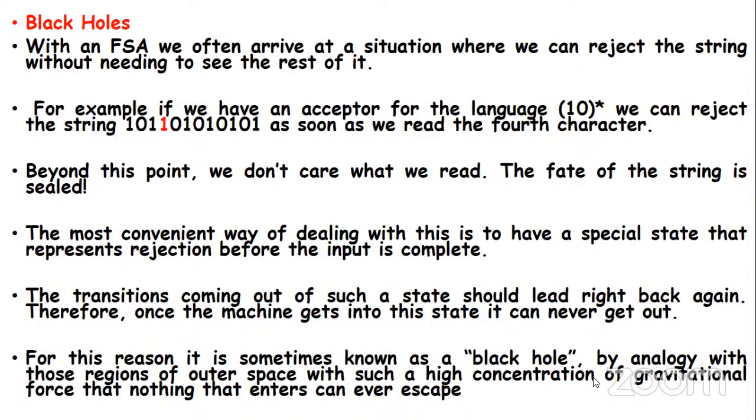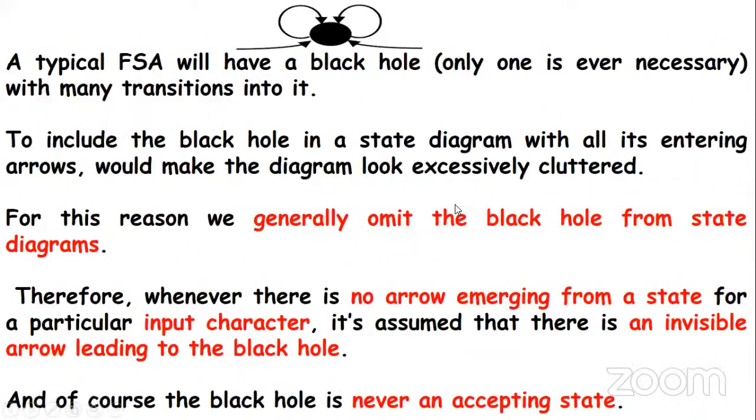By analogy with those regions of outer space with such a high concentration of gravitational pull that nothing that enters there ever escapes. Now, this is a representation of a black hole. Anything that gets inside of it, once it gets in, we have to force it to remain there perpetually, right?